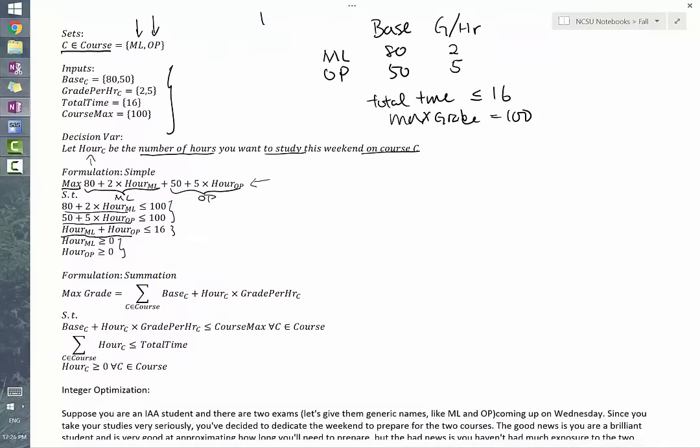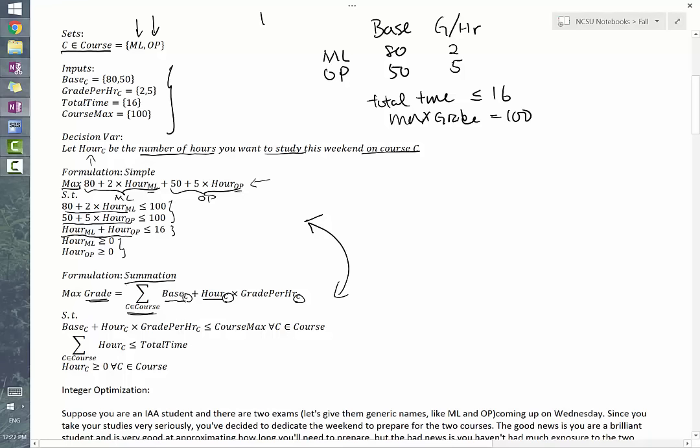So, the more useful way of thinking about larger problem is formulation using summation. So, these should technically correspond to each other on one-to-one basis. Again, we're maximizing a variable called grade, which is calculated by base corresponding to the course we're studying, plus the number of hours we're studying for course C, multiplied by the grades per hour gained in the course C, summed over all courses. In this course, we have C equals ML and C equals OP.